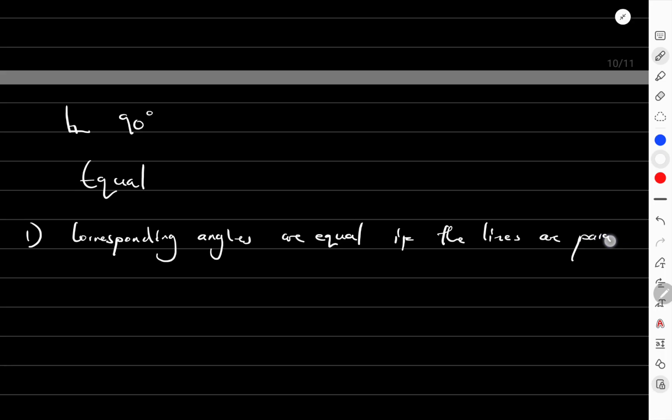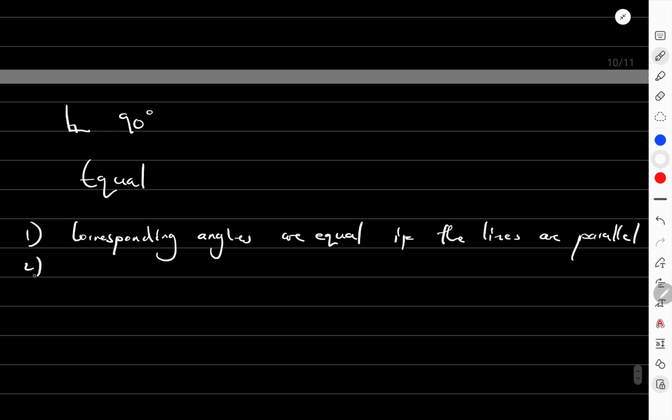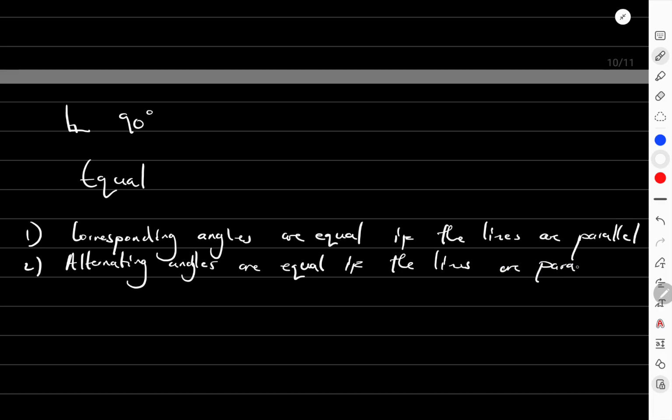If the lines that are forming those corresponding angles are parallel. Number two, we spoke about alternating angles. Now, alternating angles are equal if the lines forming those alternating angles are parallel.